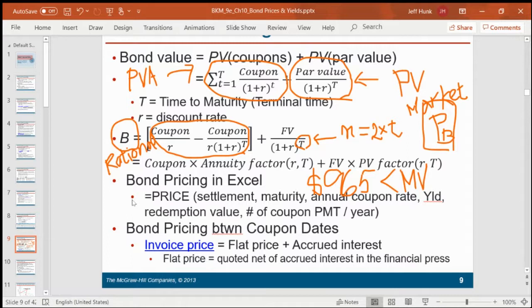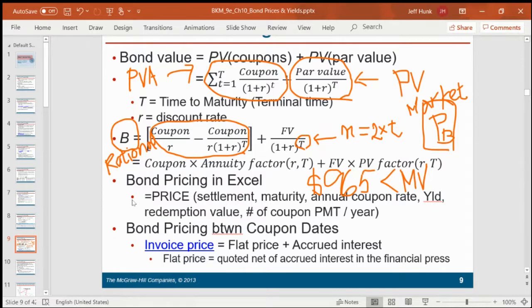I mean, when you receive the coupon interest 4 months later, will you find this seller and wire the money to him? No, that's not going to happen. It's not like it's a very complex society. This person doesn't want to leave his personal information. So when they sell it, the price will have to include the accrued interest up to that point.